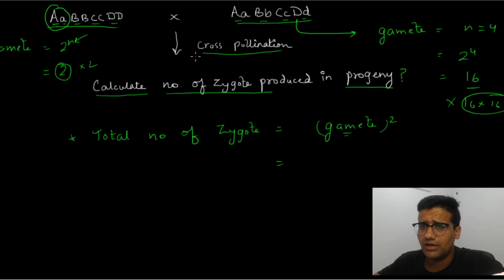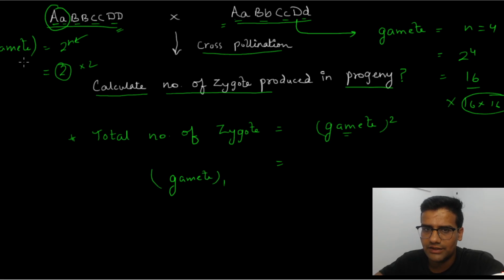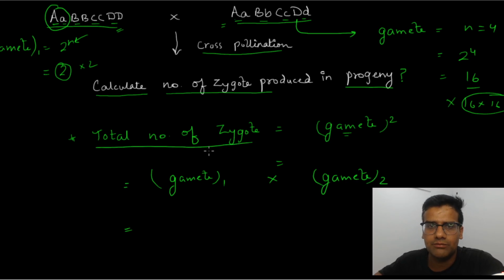When the genotypes of the two plants are different, you have to multiply the number of gametes of the first plant into the number of gametes of the second plant.